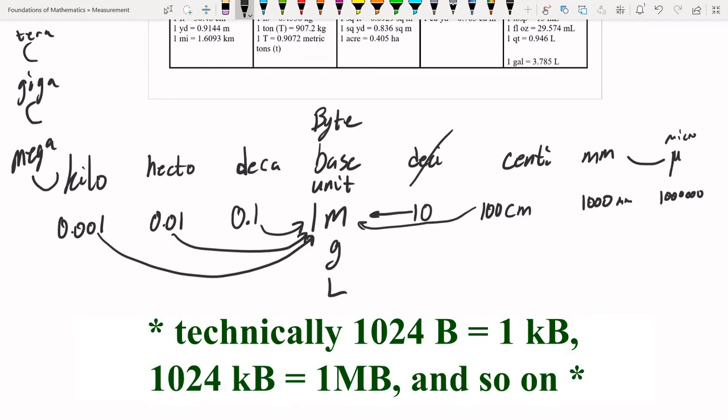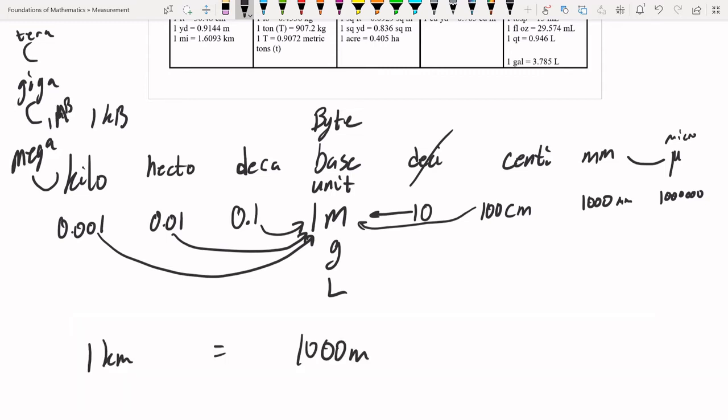Then 1,000 bytes equals 1 kilobyte. 1,000 kilobytes or 1 million bytes equals 1 megabyte. The capital M, megabyte. And so on and so forth.